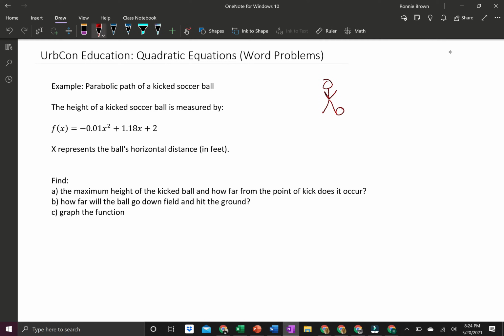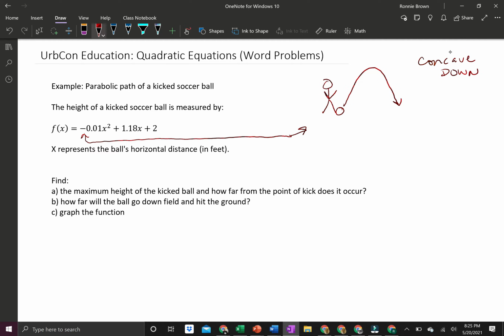who is kicking the soccer ball, we expect the soccer ball to go up and then come back down. Well, that's exactly what our function is telling us, since we have that negative in front of our squared term. That's telling us that it's going to be in the shape of a parabola that is concave down.